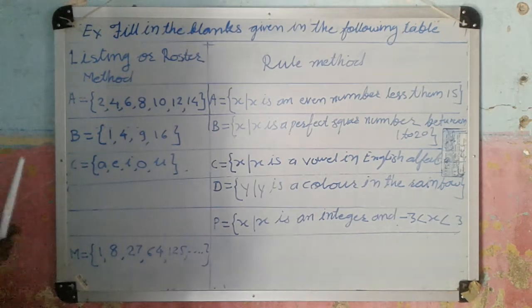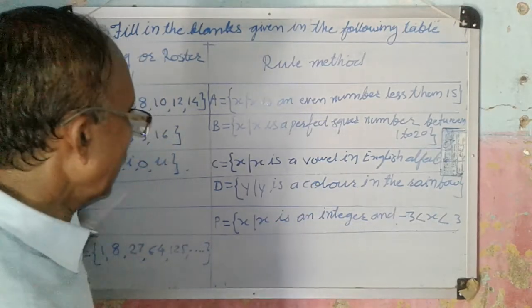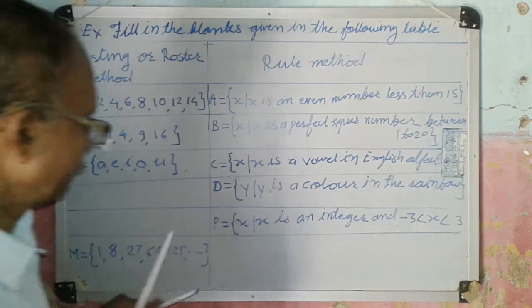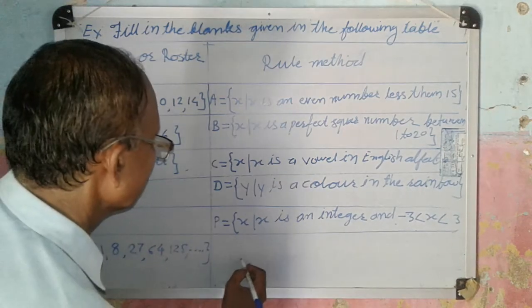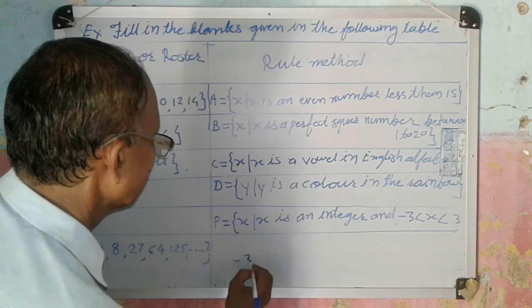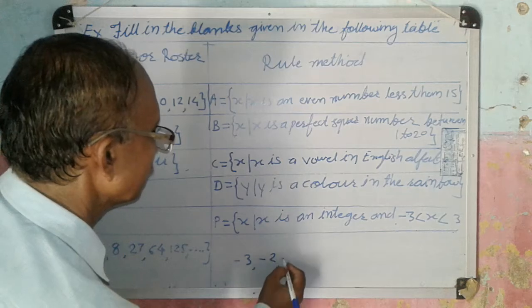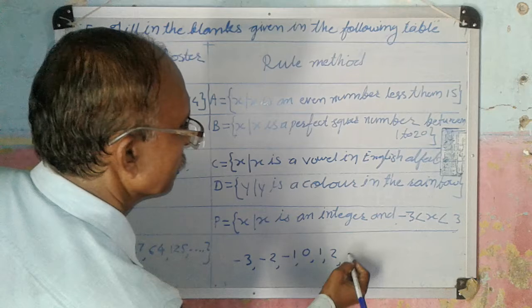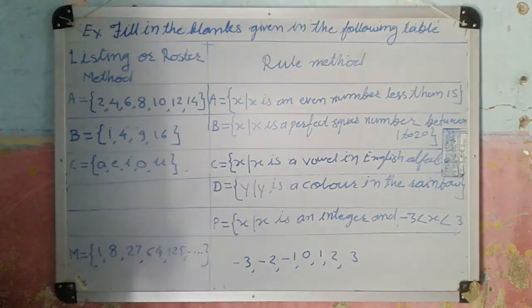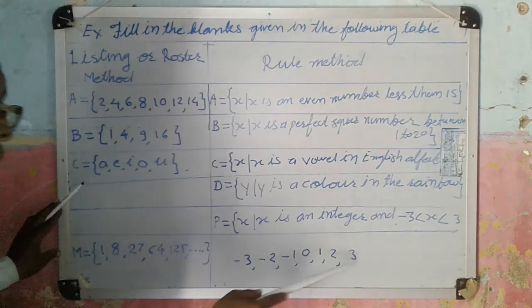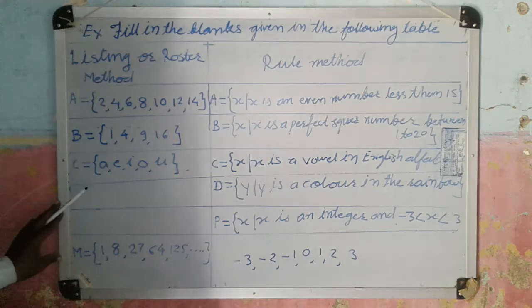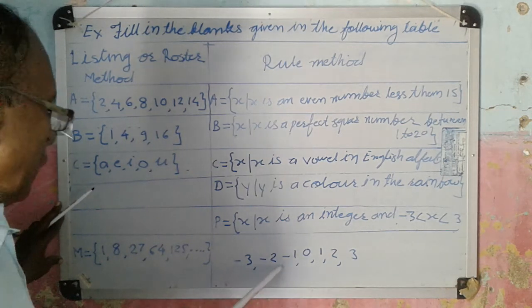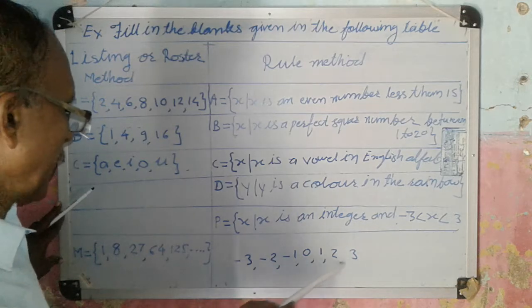Now see here, we write all integers from minus 3 to 3. So we have to write integers which are greater than minus 3 and less than 3.